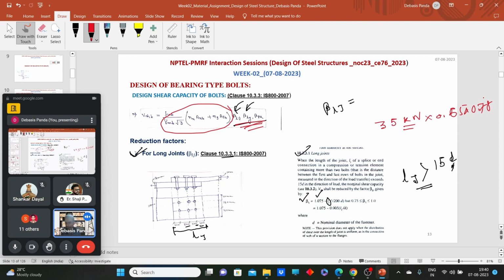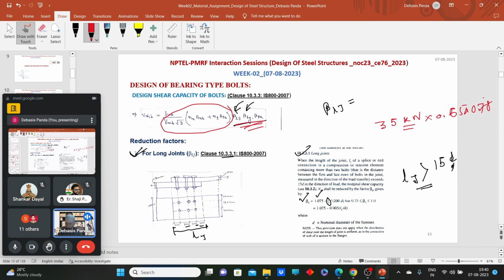That means it is saying that if you use a long joint, large grip length or packing plates, then consider that your bolt will not take that much load. Actually, the bolt can take it, but for design purposes, we will reduce the capacity of the bolt. Okay, so this is all about the shear capacity of the bolt.